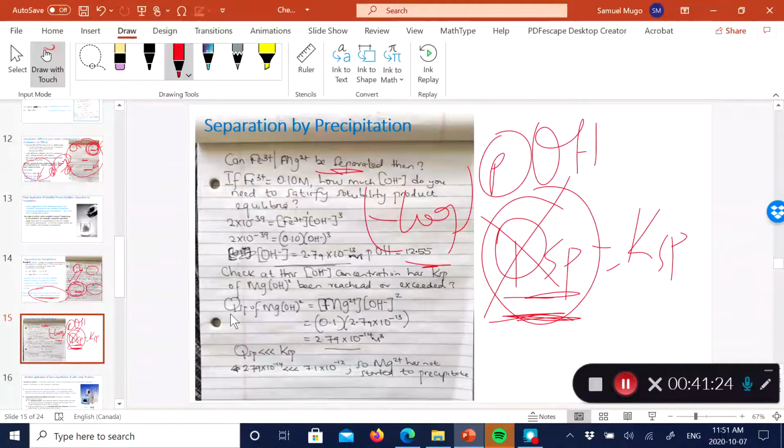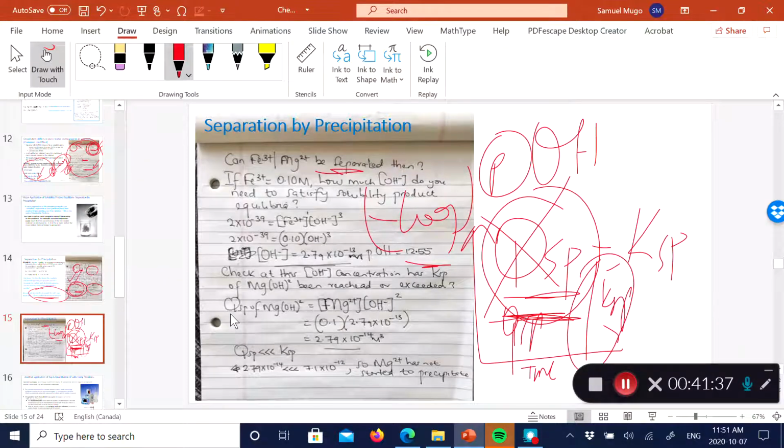So it's almost like when you're doing the reaction, you're right here in time for the QSP, and the KSP is right here in time because you gave it enough time for equilibrium to happen. But the calculation is done exactly the same way. So the QSP of magnesium hydroxide is equal to this.